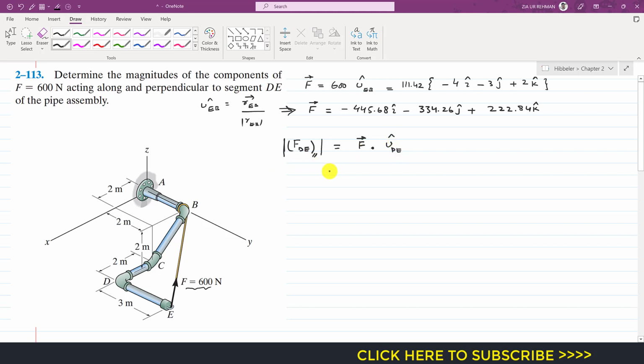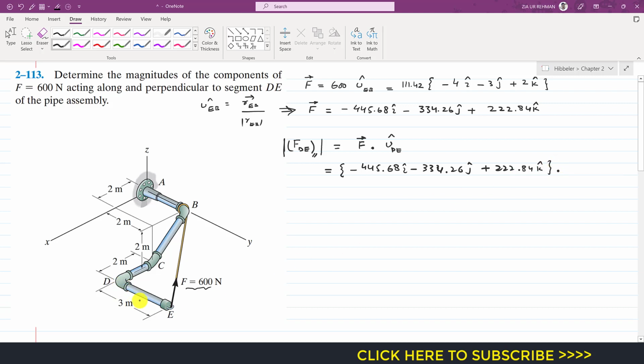We know that force F is minus 445.68 i minus 334.26 j plus 222.84 k, dotted with the unit vector along DE.